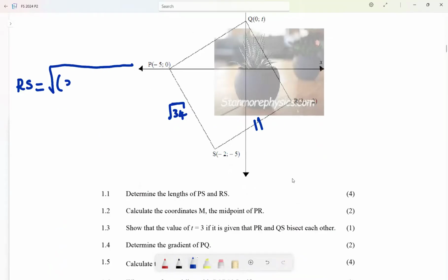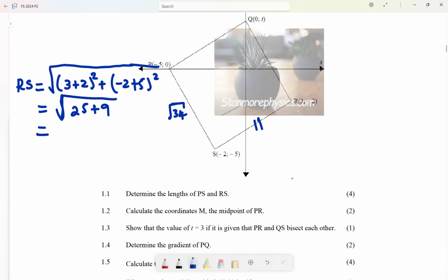So for X, it is 3 minus the X coordinate of S, which is -2. Negative and negative is +2. Plus Y, which is -2 minus -5, which is going to be positive. Therefore, I get the square root of 25 plus 9. So similarly, I get the same answer, the square root of 34.